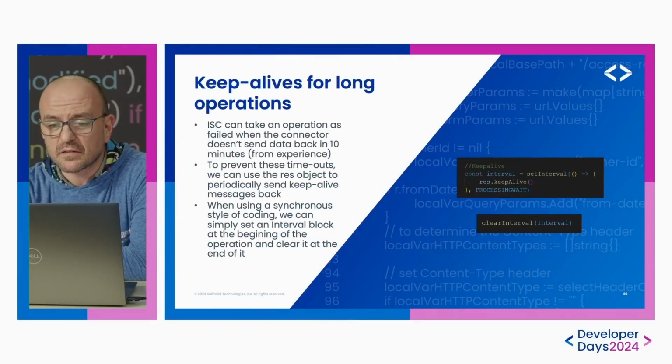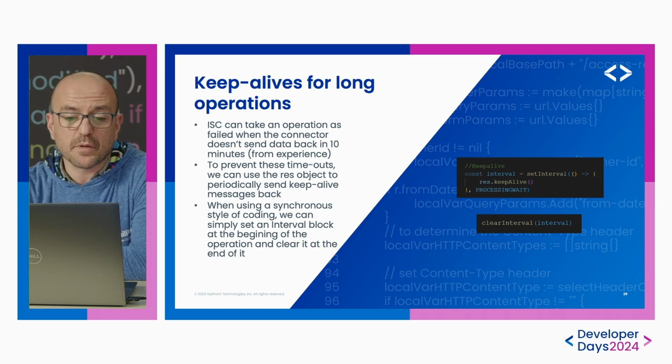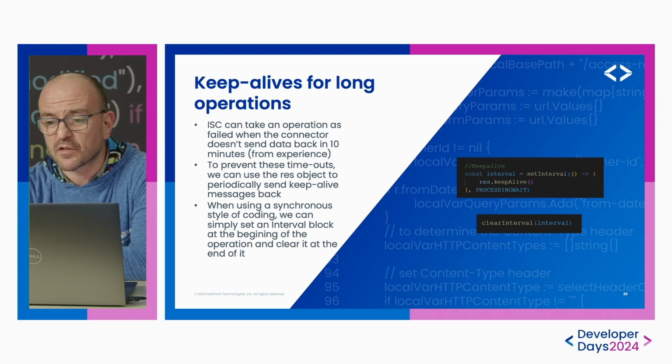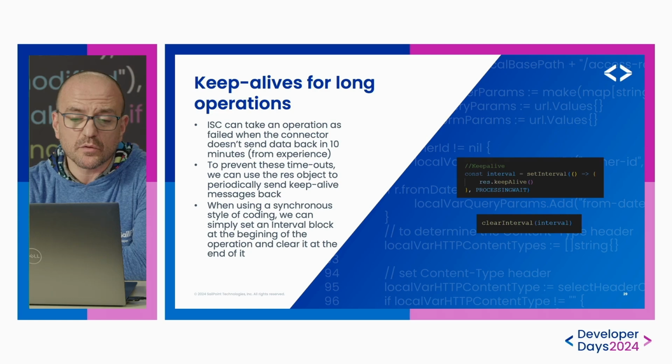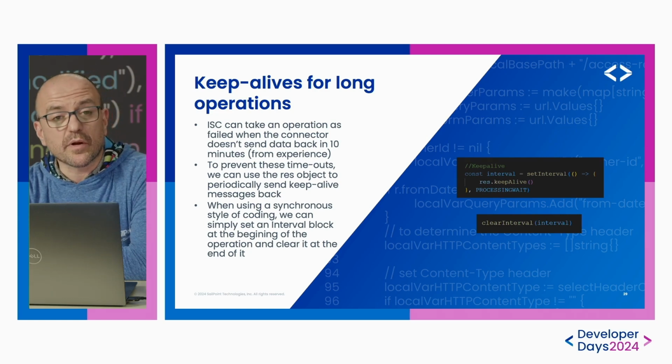This runs in the background and you can start processing the operation. Before you finish the operation, you must clear the interval block you created before. As simple as that. You can safely assume your code won't time out as it's constantly sending a signal to let ISC know it's still running.